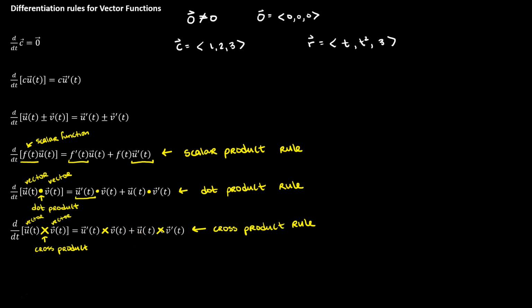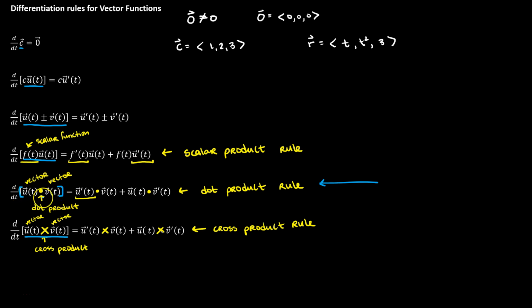Another thing to talk about is that in this list of rules that I'm showing you, we are taking derivatives of vectors. So almost everything that we're starting with on the left-hand side is vectors, except for this one right here. Vector dotted with vector is actually a scalar. So what we have inside of these brackets is actually a scalar.